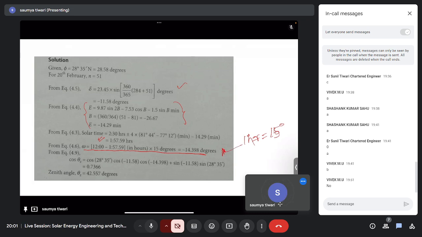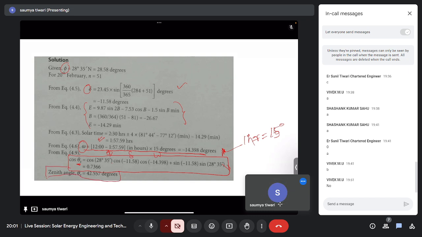So we have the hour angle, we have the declination angle, we know the latitude angle, and so this is cos theta z. Theta z is your zenith angle. So this is the formula I was talking about: cos phi, this is phi, this is your delta, and this is your omega. We'll put into the equation and you can finally get the zenith angle from it.